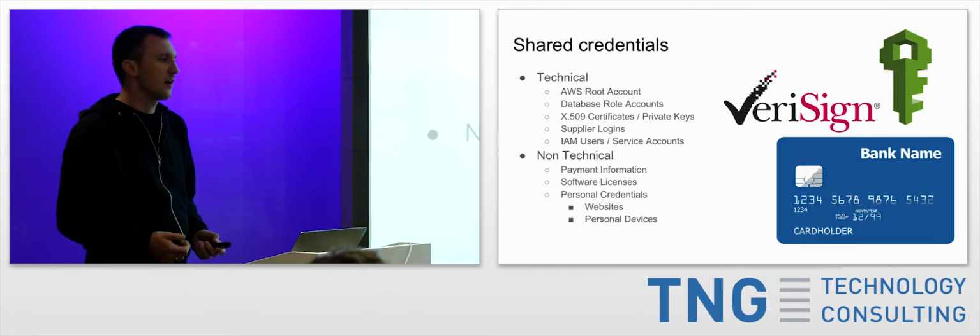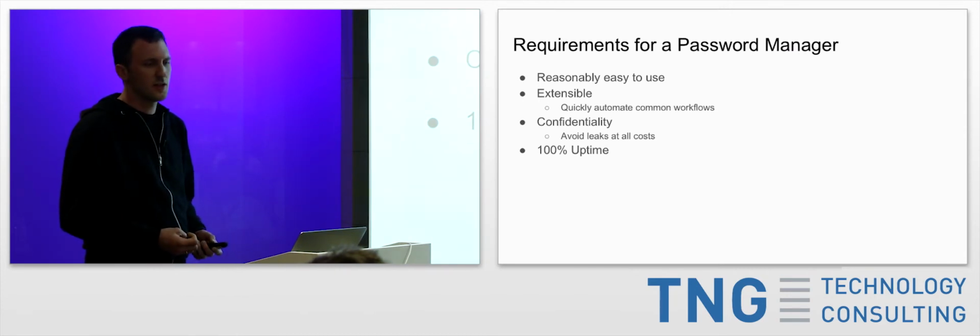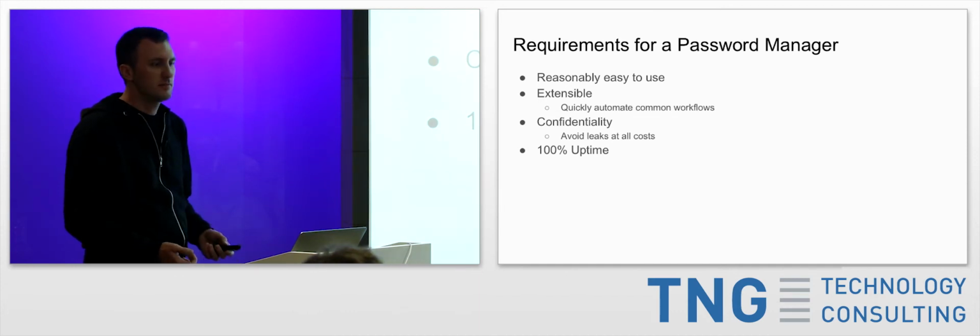So yeah, what did we do? We did the thing I learned in university. First, we gathered some requirements. So we asked around the colleagues and checked what we actually need, or what we want from a password manager. First thing is, of course, it needs to be reasonably easy to use. We'll come to that later. It needs to be extensible.